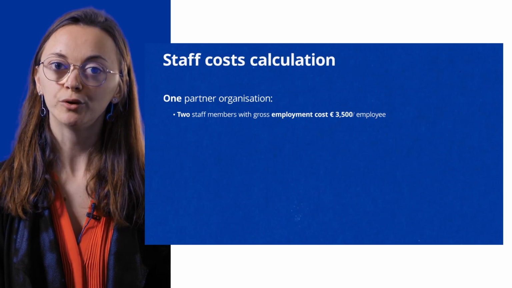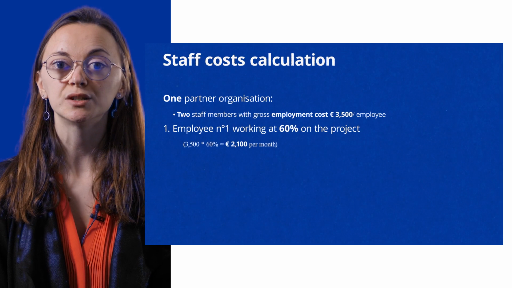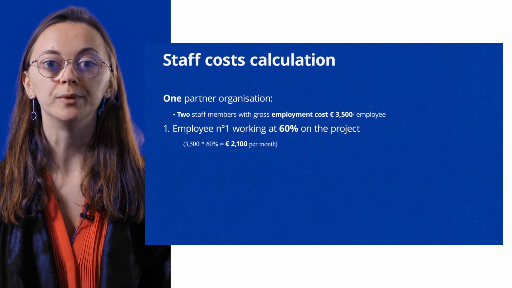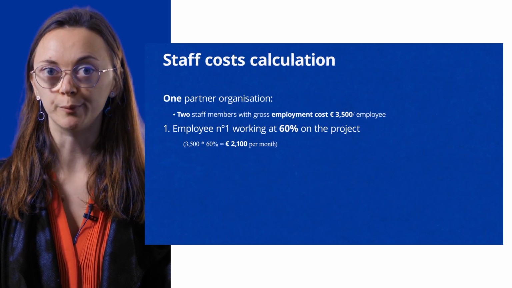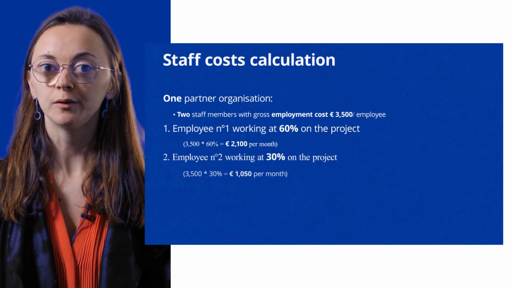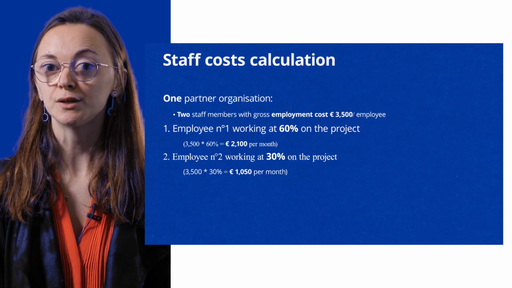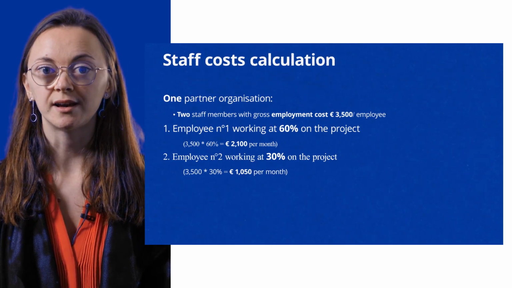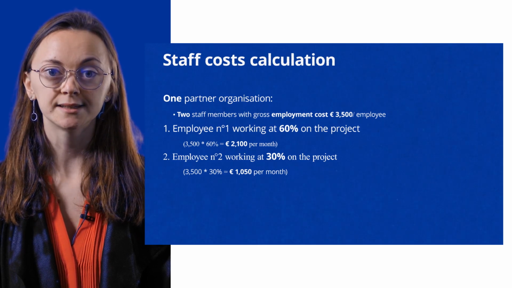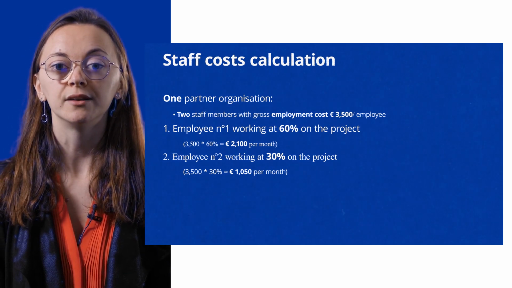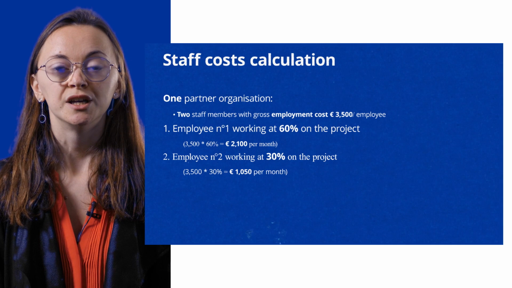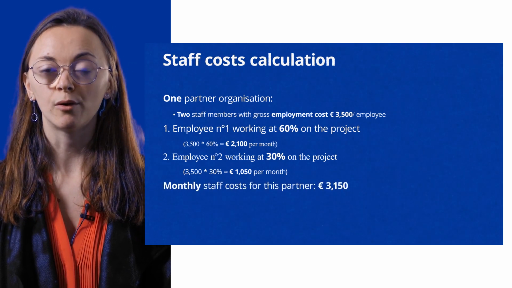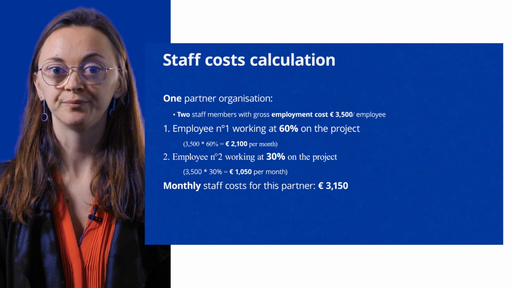So if the first employee will be working at 60% on the project, then the gross employment cost would be 2,100 euros per month. Then if the second employee will be working at only 30% on the project, the gross employment cost will be reduced as we multiply by 30%, and we get 1,050 euros per month. So that would mean for this partner a monthly staff cost budget of 3,150 euros.